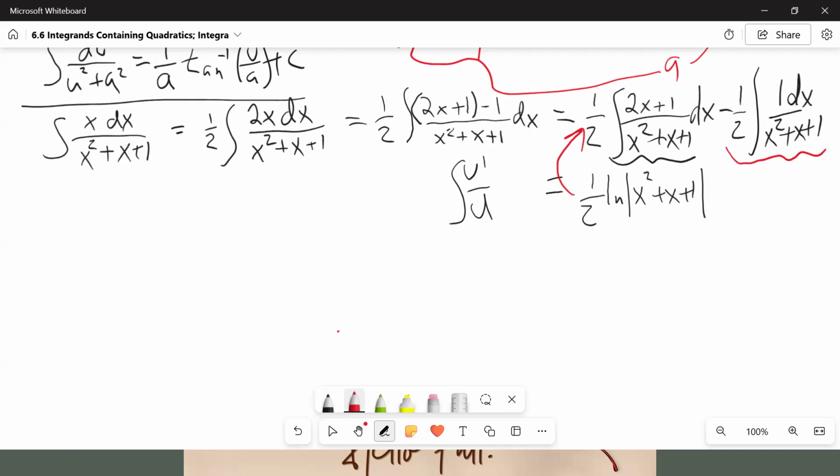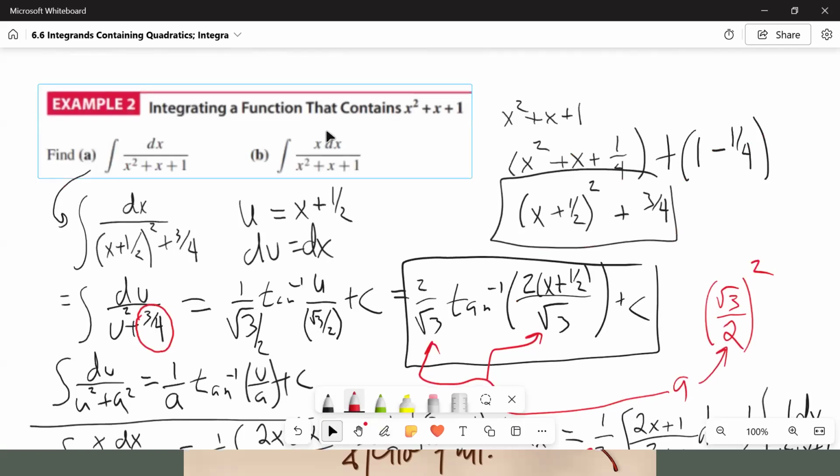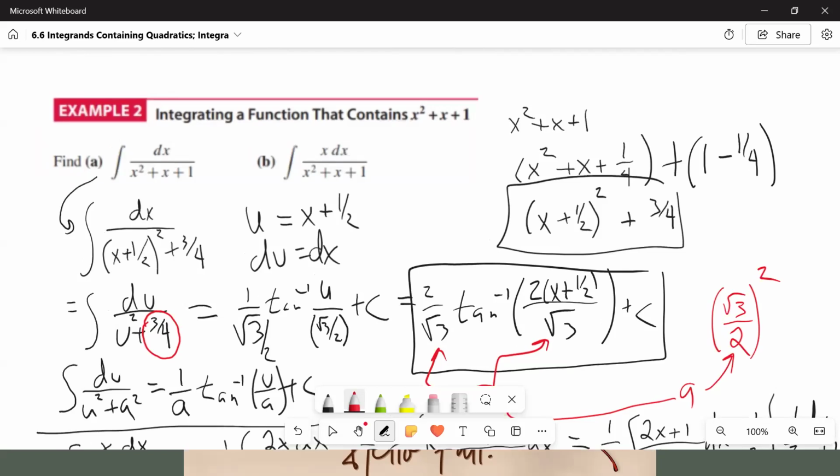Okay, so what I need to do now is this one, that second one, is actually the one I just did in the first example up here. So we know the answer to this integral is 2/3 tangent inverse, and so on.